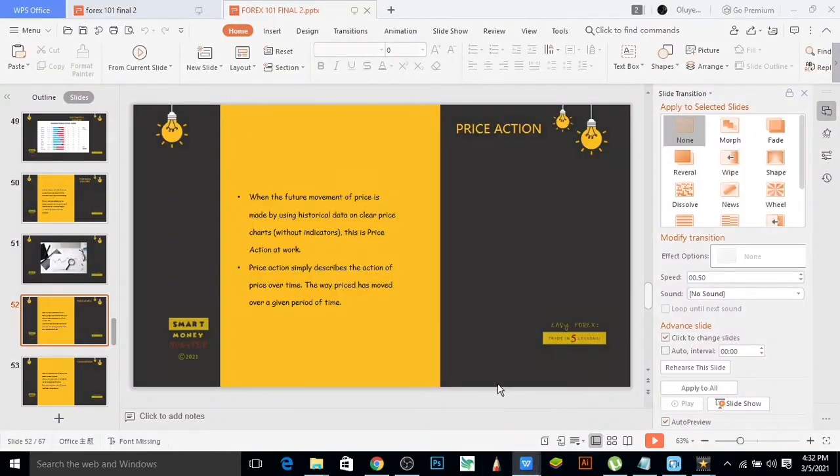Now, price action, the fundamental thing you have to understand about price action is largely dependent on candlesticks, right? Candlesticks are representations of how price has moved in a specific period, right?